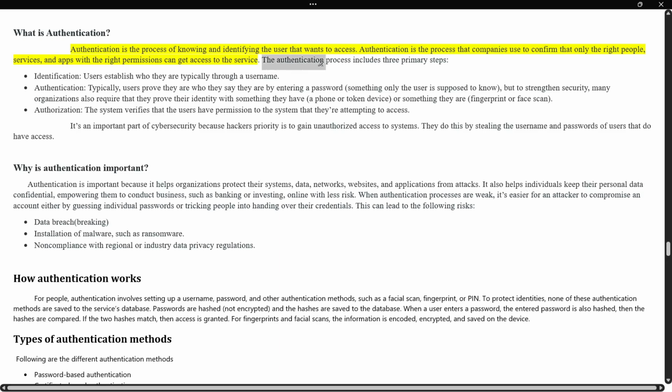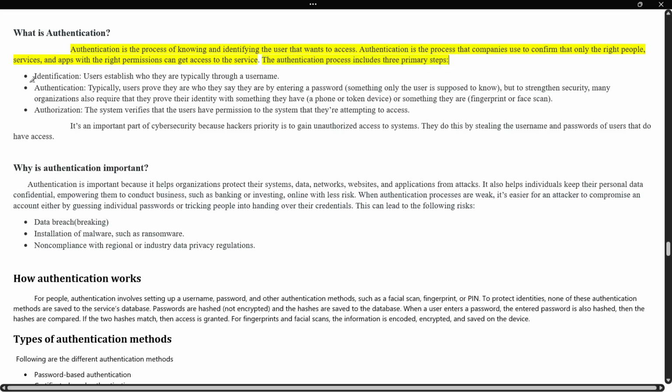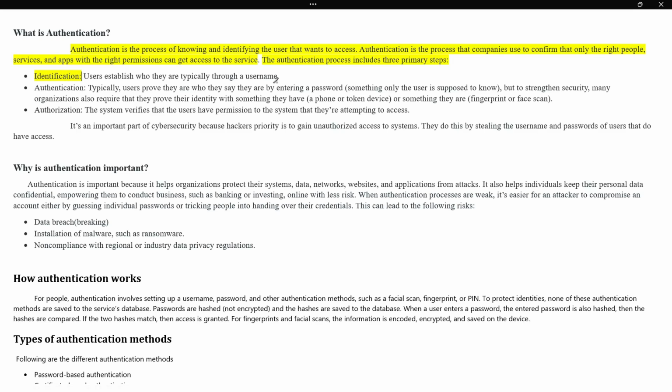The authentication process includes three primary steps. First is identification. The user establishes who they are, typically by typing a username. As we discussed in the general example, once the person comes to the home and rings the bell, we ask them, who are you?